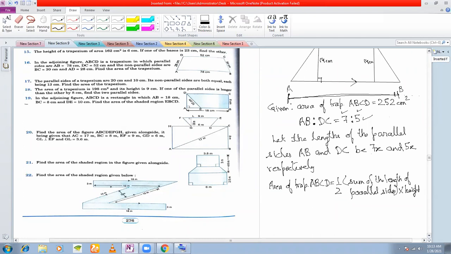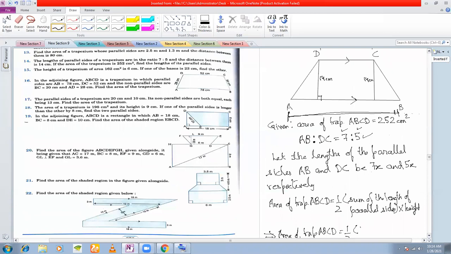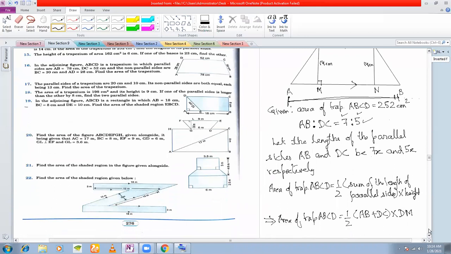Right. Now let's see what is given here. What are the parallel sides here? If you see the figure, the parallel sides are AB and DC. Sum of the lengths is AB plus DC. And what is the height here? Let us call this M. Let us call this N. So you can take DM or CN as your height. So DM.